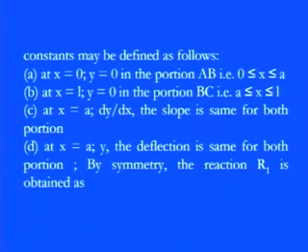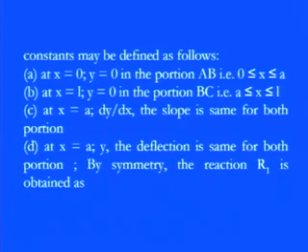At x equals to L, now we are going in the BC region, y equals to 0, that means in the other region there is no deflection for the portion BC, which is a less than or equal to x less than or equal to L. The third condition is at x equals to a, where the point load is there, dy/dx is the same for both portions, because we are keeping one point load at this particular position, so the slope must be equal for AB and for BC.